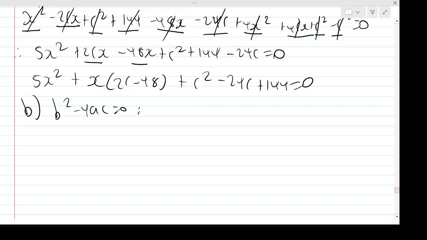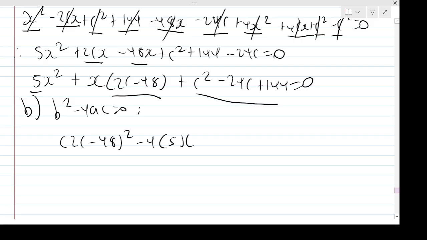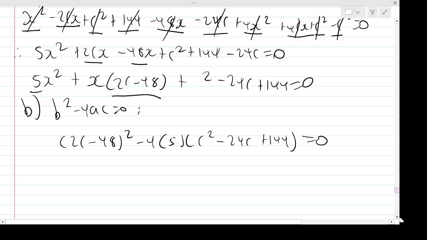If we do that, b would be 2r minus 48 all squared, take away 4 lots of a, which is 5. Then we have this whole number at the end of r squared minus 24r plus 144 has to be equal to 0. Okay, then we just need to expand the bracket. So this bracket, so 2r times 2r, that's 4r squared.